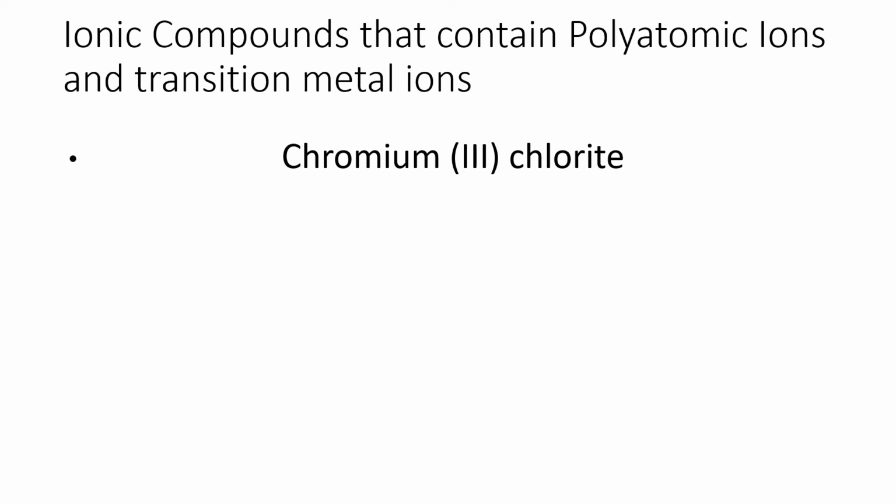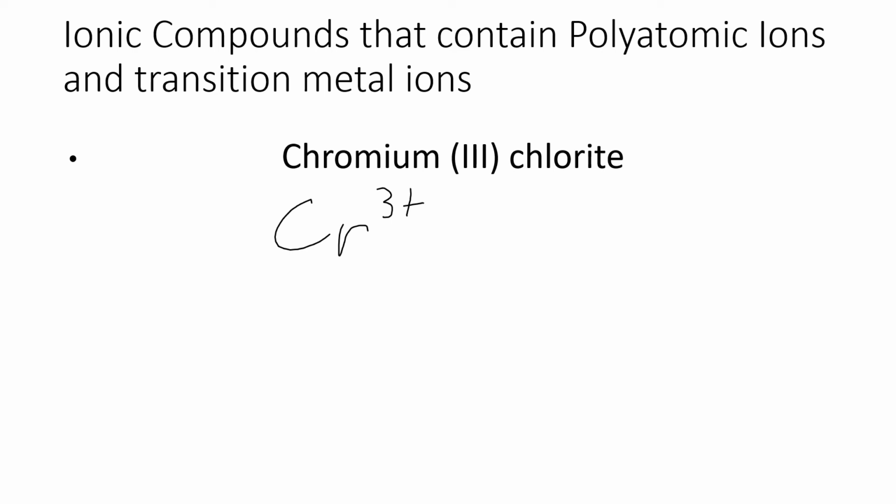Whenever you're dealing with an ionic compound, you want to write out the ions. Well, chromium is Cr, and when I find it on the periodic table, it's a transition metal ion. I don't know its charge right away, but the name is telling me that charge. That Roman numeral 3 that you see in the name is telling us that we have a charge of +3.